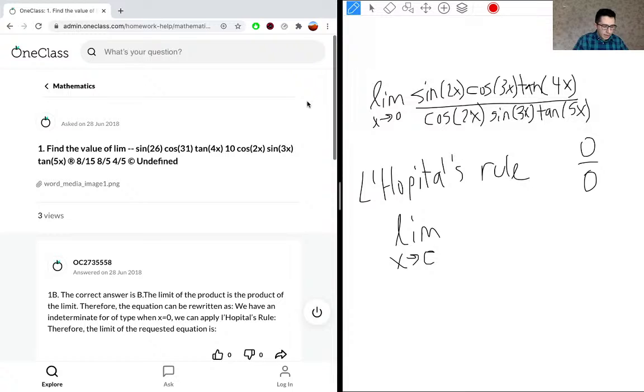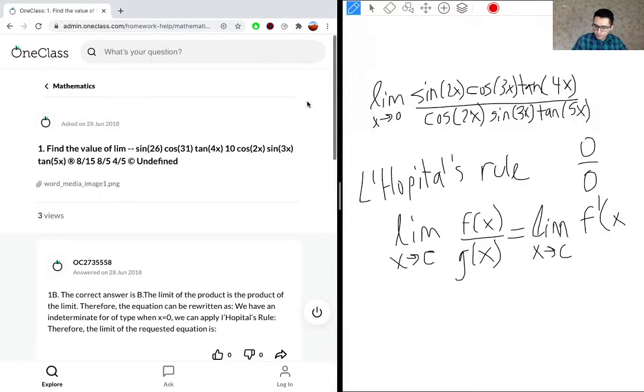So the limit of x as it goes to c of some function f over some function g is equivalent to the limit of x as it tends to some constant c of the derivative of the top function over the derivative of the bottom function. So here, that's what we're going to do. We're going to take the derivative of the top and bottom.